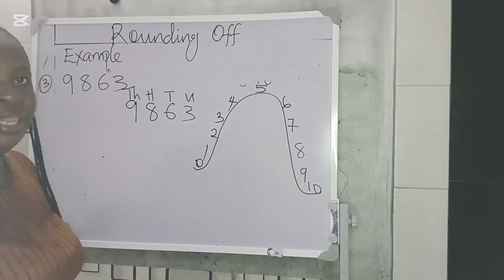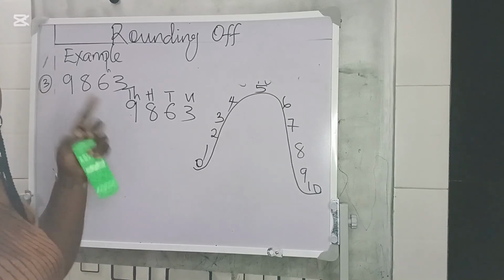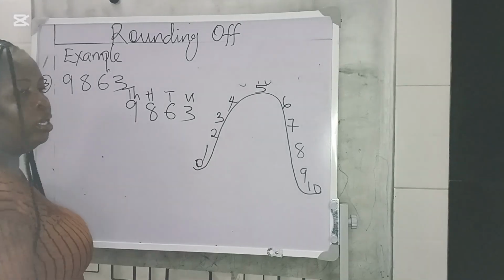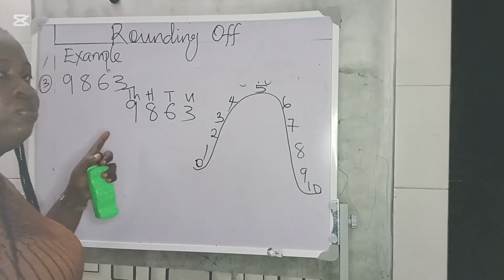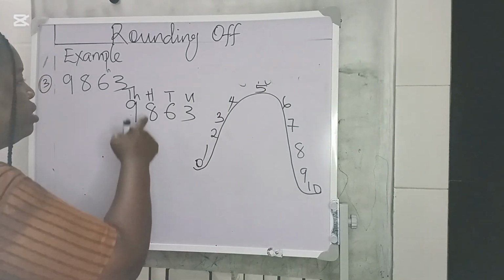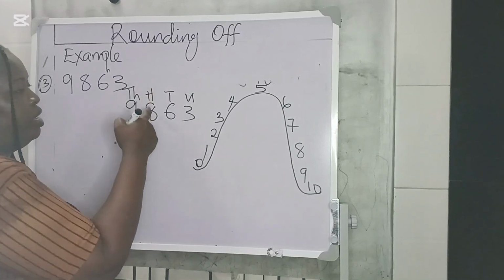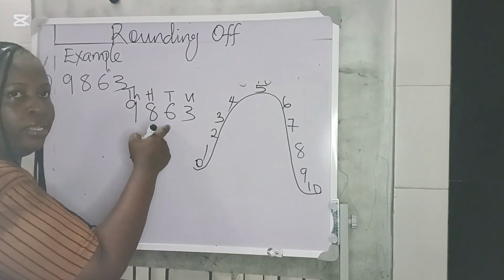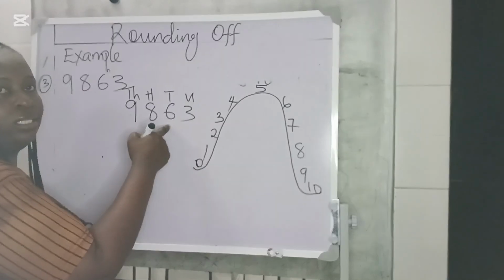Remember, we are rounding off to what? Hundreds. Where is 100 there? This way. The place value there is 8, that's 800. And what's the closest neighbor? Is it unit or tens? It is tens.